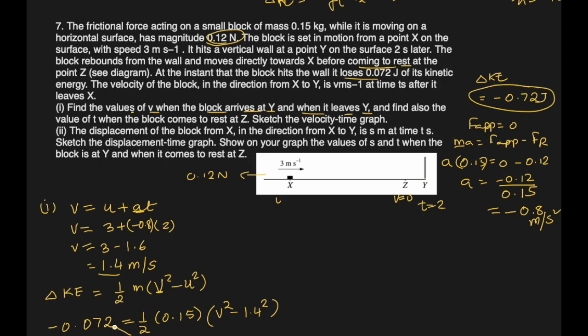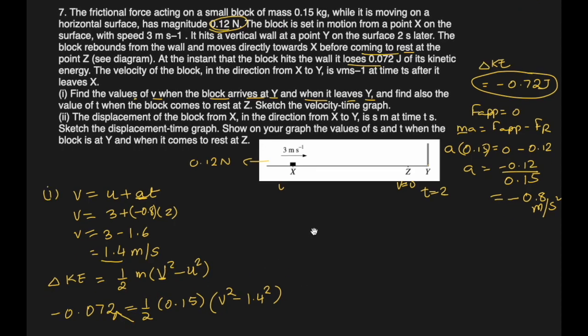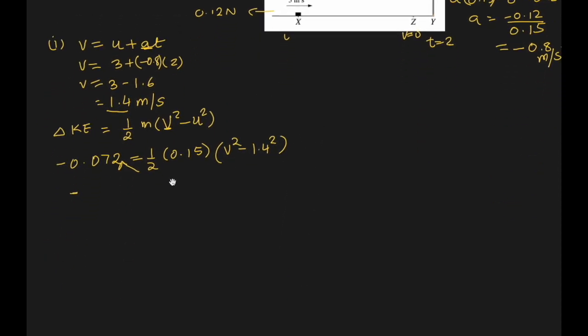V is the only unknown thing here. So I'll just first multiply this here. So minus 0.144. This 2 has been taken care of. 0.15 still there, v square minus 1.96, which is the square of 1.4.